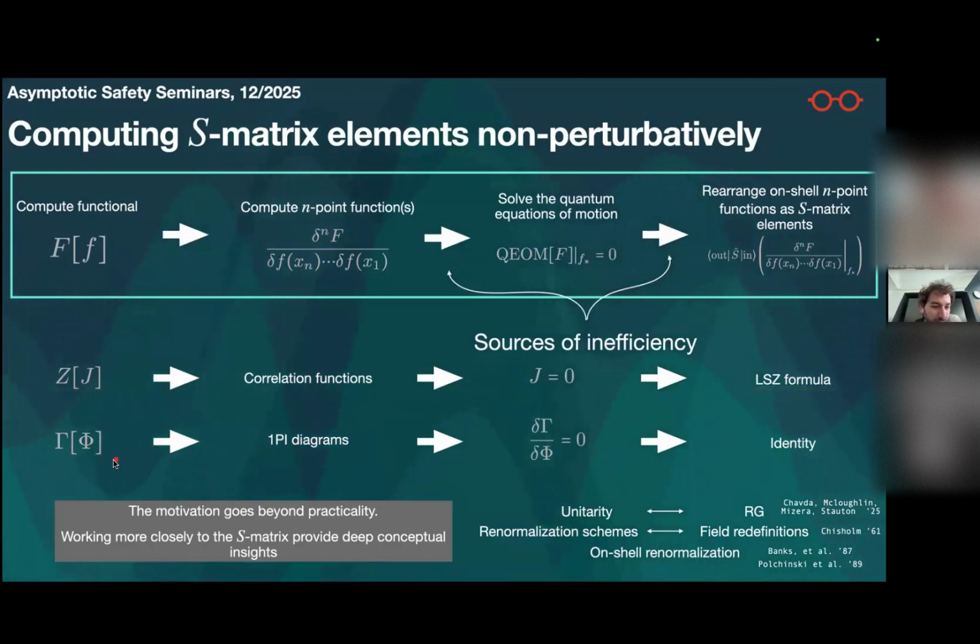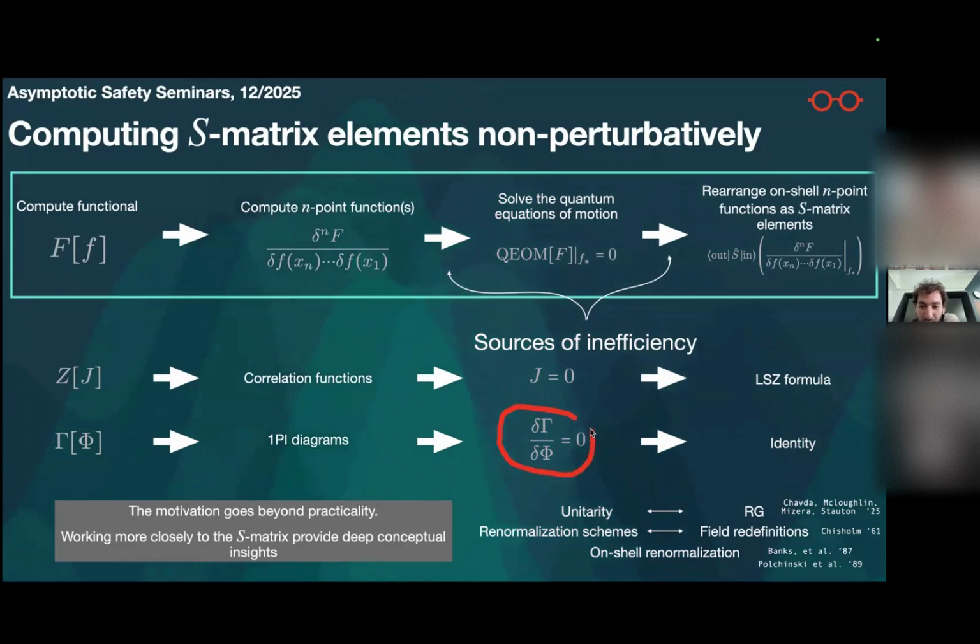If I instead work using the effective action, then my correlation functions are one-particle irreducible diagrams. Then I have a quantum equation of motion that looks like this. This is some sort of quantum analog of Hamilton's principle. And this in principle can be non-trivial, especially if I want to deal with curved spacetimes or fluctuating spacetimes.